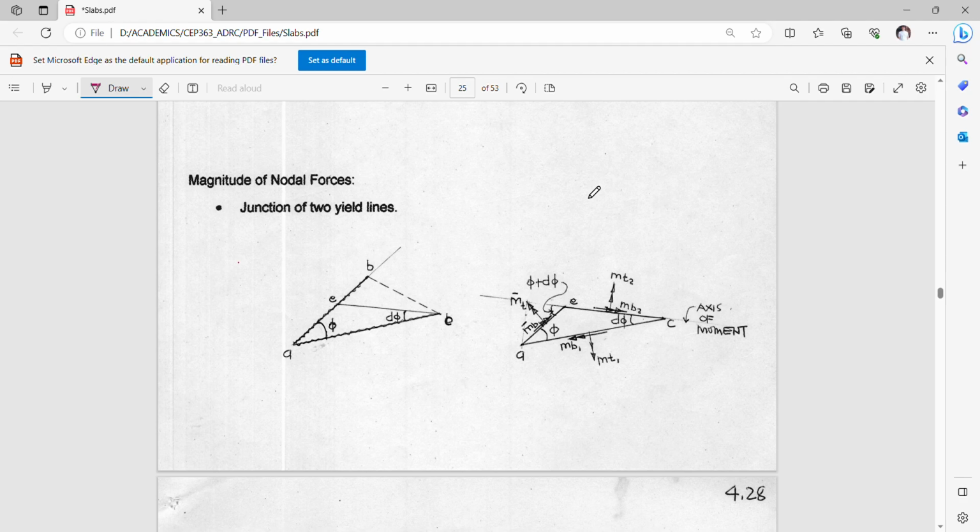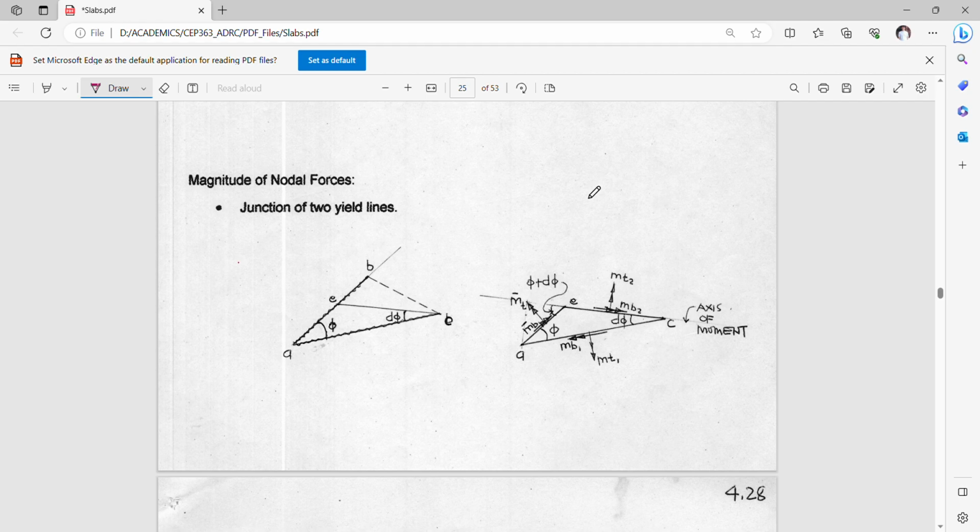So now we deal with how these nodal forces, those nodal shear forces, are analyzed, in order to get the magnitude needed for us to use in the equilibrium procedure.